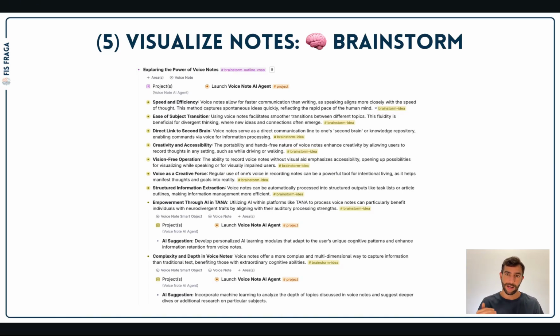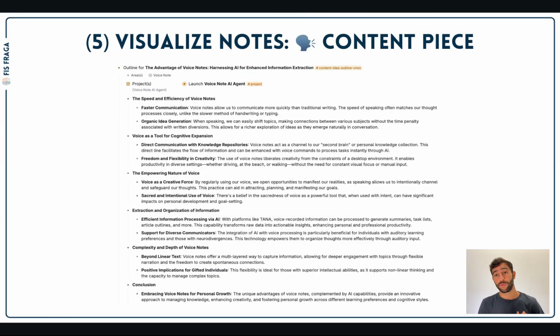And for each idea, there is an AI suggestion, such that you can expand on an idea that you had with the help or suggestion of AI to find a connection with something else, or to find an opportunity for you to implement something into your life, or to bring another idea for your audience, for your clients, whatever it is.